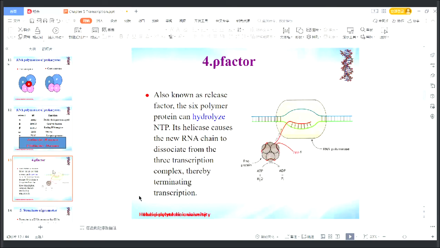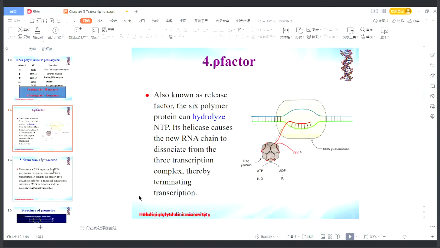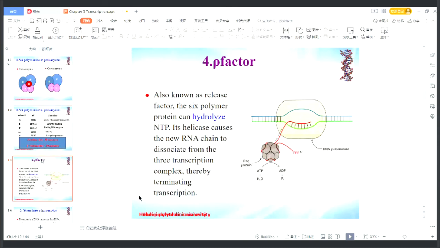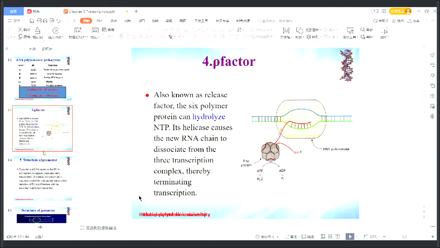It forms a hexamer protein that catalyzes the hydrolysis of ATP, and the helicase activity makes the newly produced RNA strand dissociate from the transcriptional complex, so the transcription is terminated. This slide summarizes the polymerase and the release factor, the rho factor: how to begin and how to terminate it.